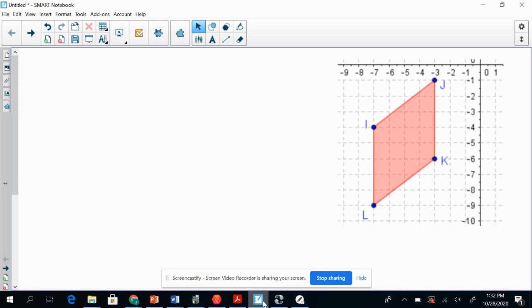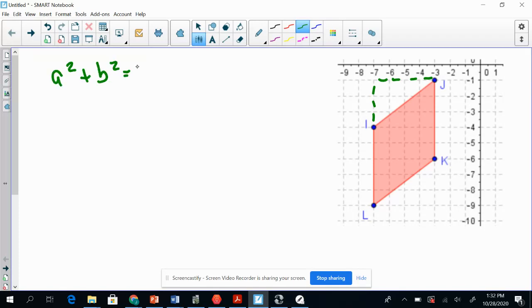But like the first question in your practice today, you were to find the distance of a given side. So if I'm looking at this polygon, this quadrilateral, and I want to find the distance of IJ, 1, 2, 3, 1, 2, 3, 4. So this is where you're going to use your a squared plus b squared equals c squared is one option, or you can use the distance formula, which is the video I posted. But just to throw back, this is a right triangle. So we can find the length of this side by, again, using the Pythagorean theorem.